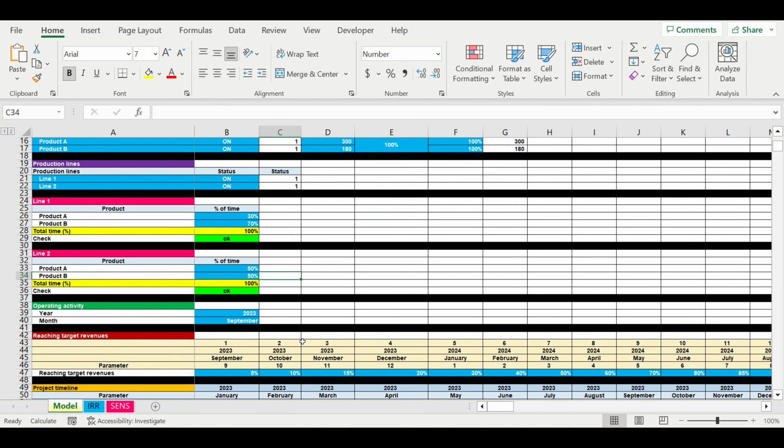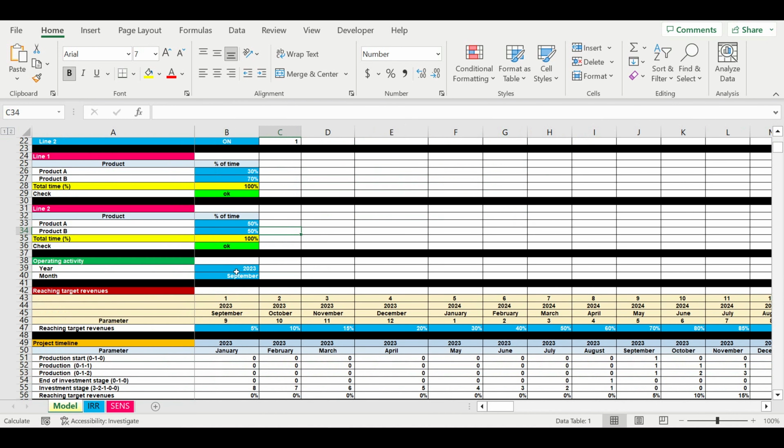And now, when we specify when we would like to start the operating activity, it is very important and very valuable that we can displace the project very easily. So now we are starting operating activity in September 2023.